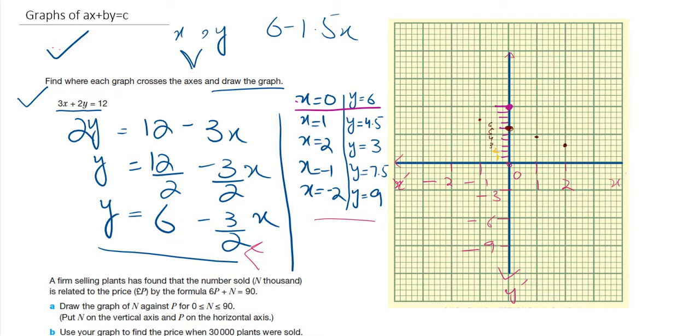Okay, and when your x is negative 2, your y will be 9 over here. Okay, that's fine. You can see that's the straight line over here.